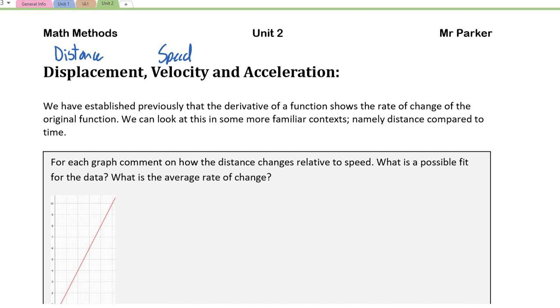The main difference between distance and displacement: if I walk to my house, let's say it's 2 k's away, that means my displacement is 2 and my distance is 2.